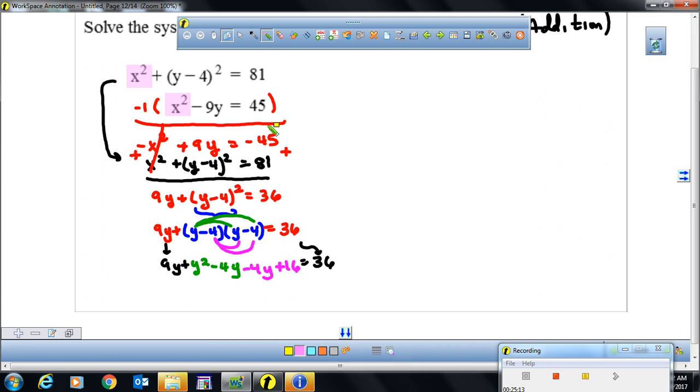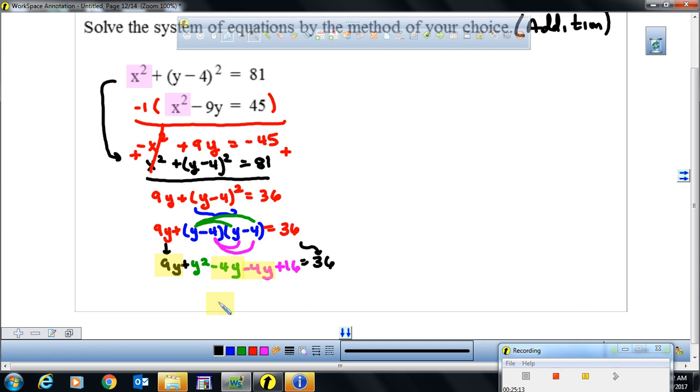Now we can combine like terms again. So we can combine the 9y minus 4y minus 4y. 9 minus 4 minus 4 gives you 1y, so it's just y. So I'm going to bring everything else down. This is y squared plus the 1y, and then right here you see the plus 16.